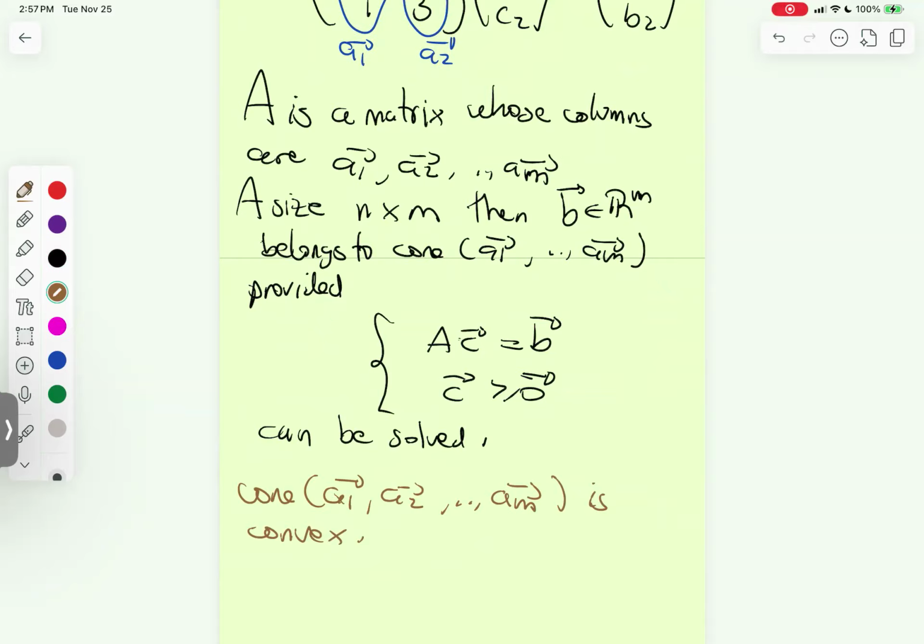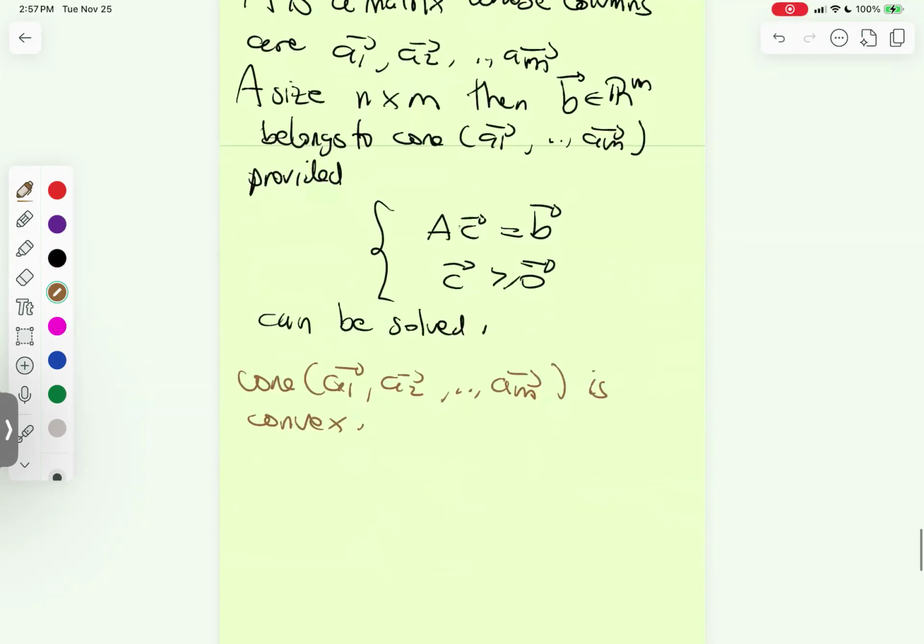So again, this is a condition. This defines a condition for the vector B to belong to the cone. So this is what defines B belonging to the cone of the matrix. The cone of the matrix is just the cone of the columns of A. So this is what it means to say that B belongs to the cone.